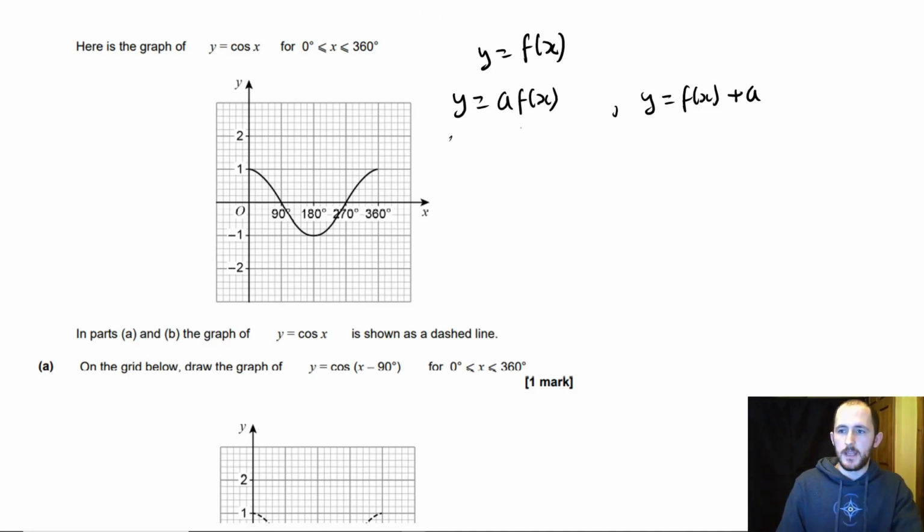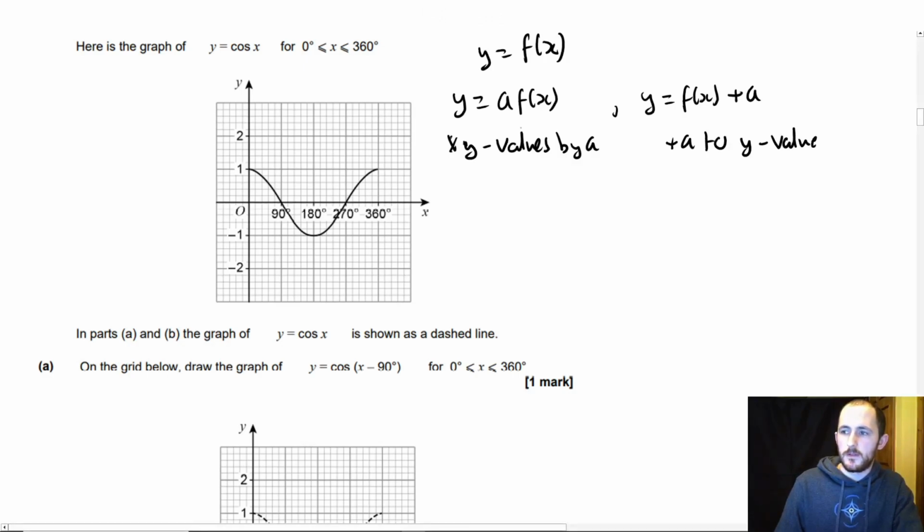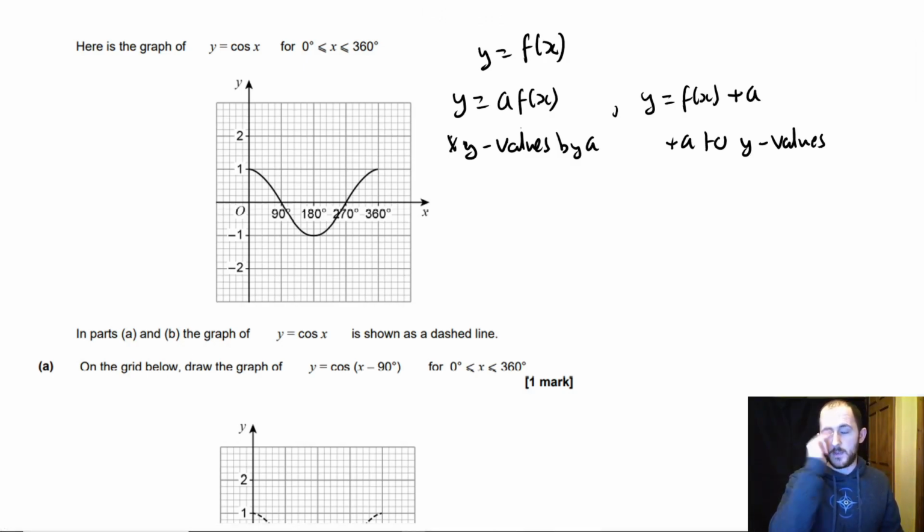So this would be, you times the y coordinates, or y values, by a. So we do exactly what it says, right? And here we would do plus a to y values. And by values I mean coordinates, right? So if it's outside the bracket, then we affect y and we do exactly what it says.